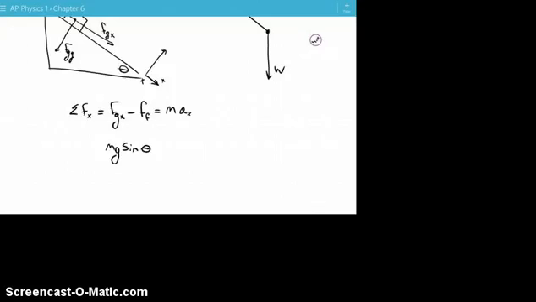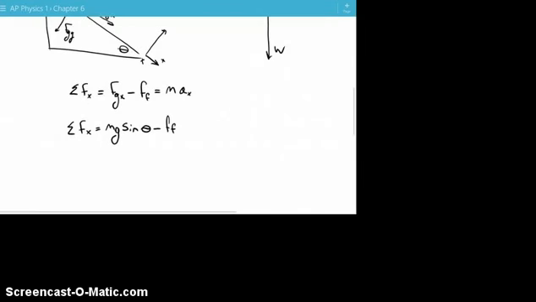When we have these inclined plane problems where we rotate the coordinate system, we had proved previously that the component along the incline was dependent on sine theta. So we have mg sine theta minus the force of friction. That's our net force. That's what we want to use when we're calculating the work. That's our net external force.